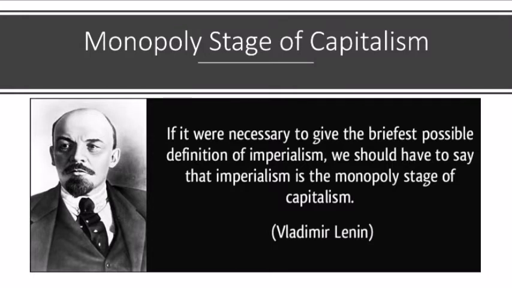As we'll get to in a second, there are some pretty key differences between what you might call old school capitalism, which is what Marx was analyzing, and this more modern version, which Lenin characterizes primarily by the rise of monopolies.